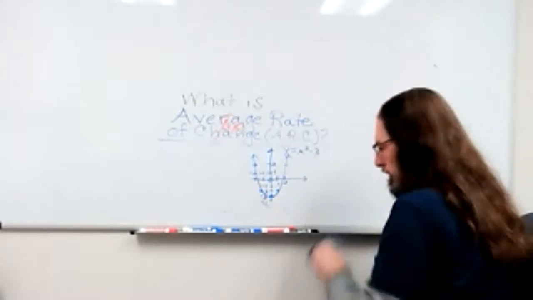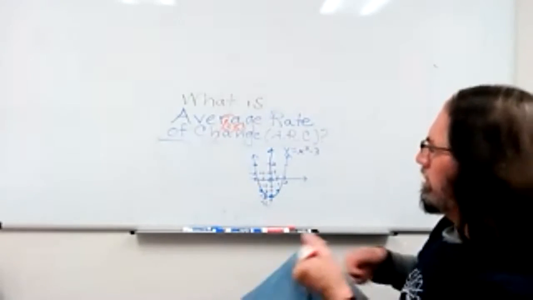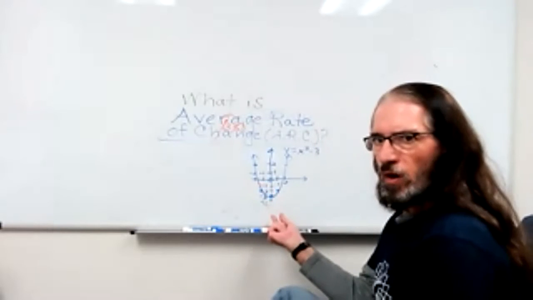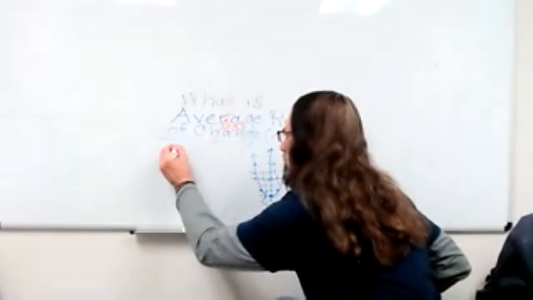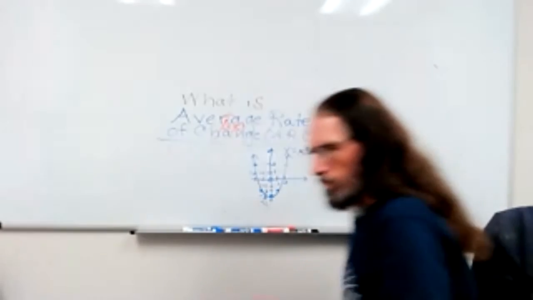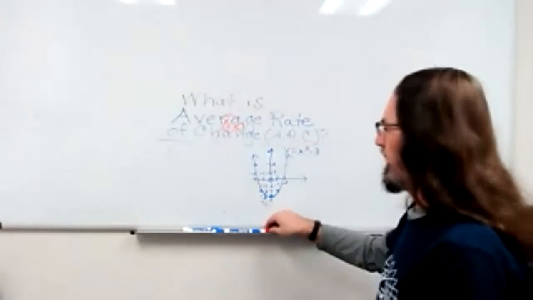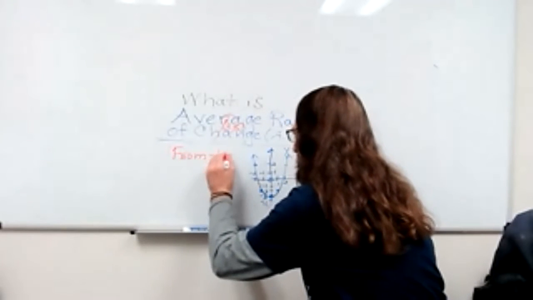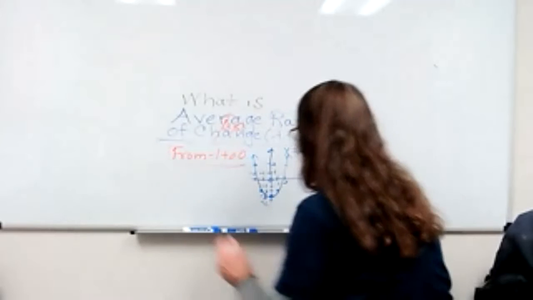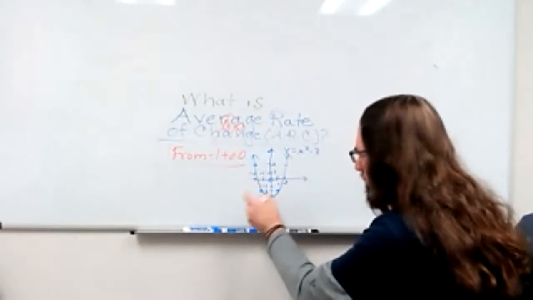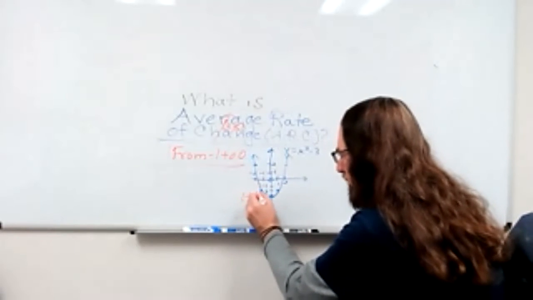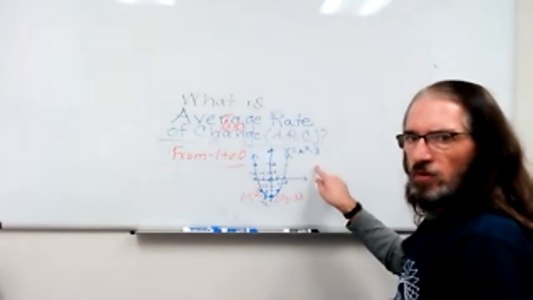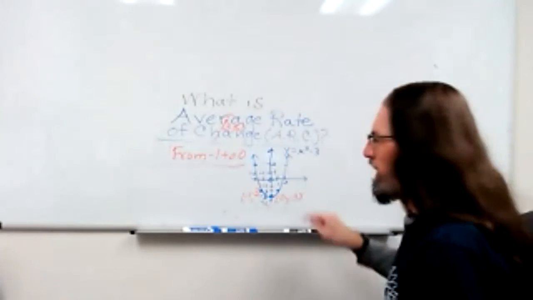So let's say that we want to compute the average rate of change from -1 to 0. That marker just died, so from -1 to 0, I have here -1, -2, and 0, -3. You can quickly check those points really are on the graph.